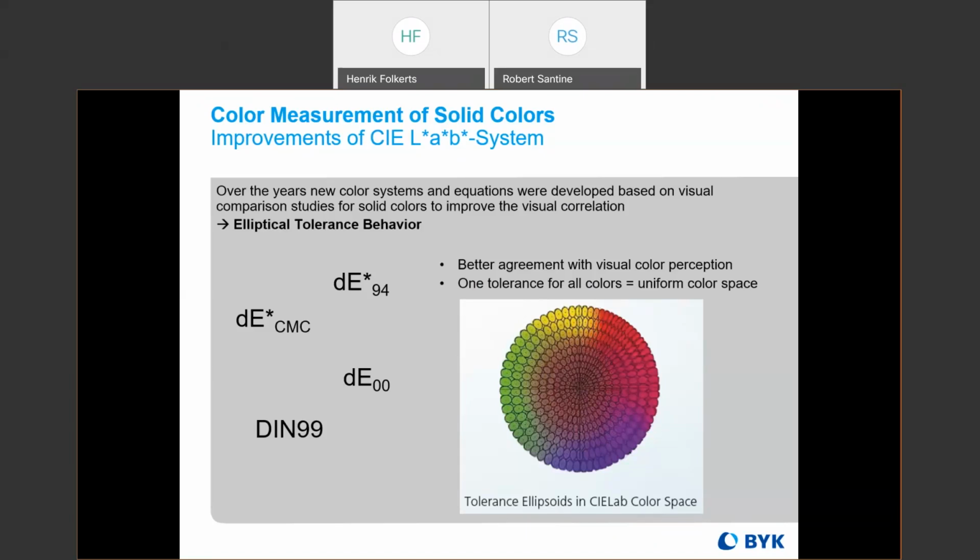And so the effect this has is that if we calculate a delta E value for, say, two neutral colors, two near white colors, or near gray colors, a delta E of, say, 1 might be very, very noticeable.